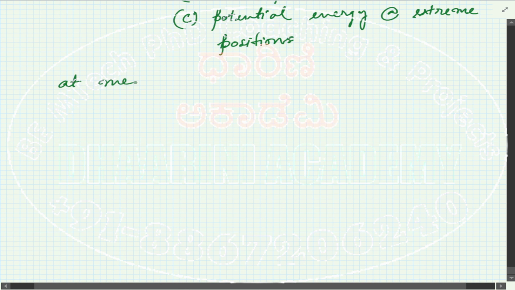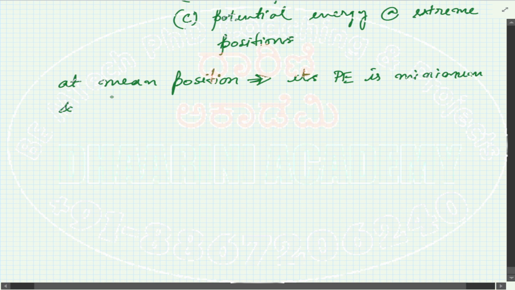At mean position, so if you are considering the mean position of an oscillator, its potential energy, I'm writing PE, is minimum. Okay, and at the same time you can see that velocity will be maximum at the center.